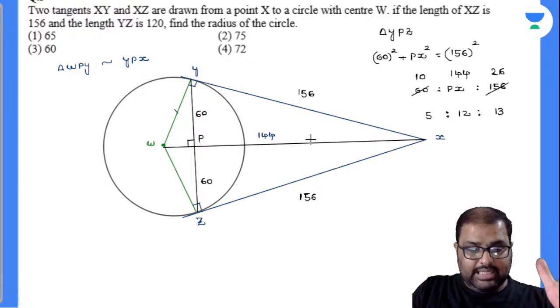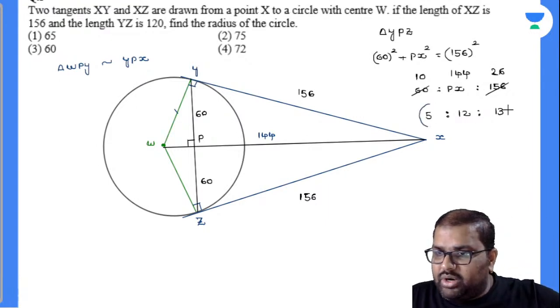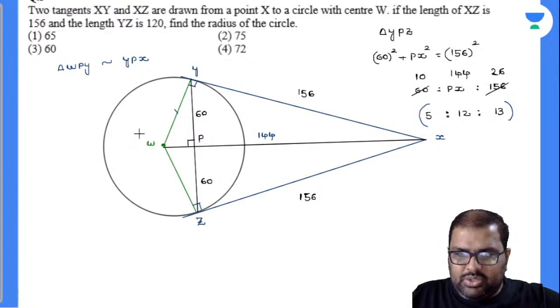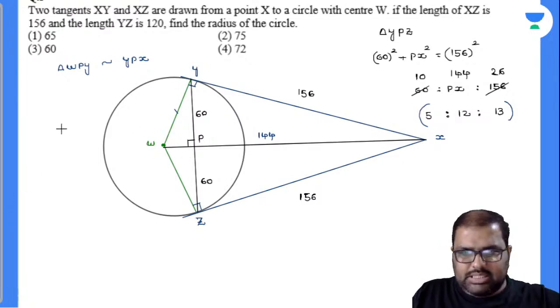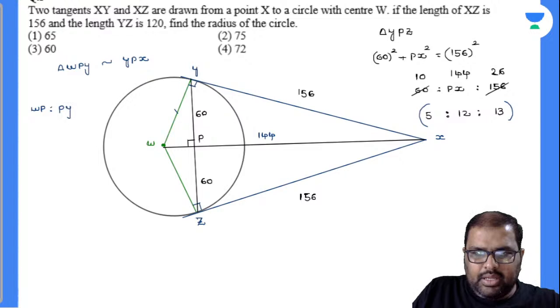So I can easily say they are similar triangles, with a ratio of 5 is to 12 is to 13. In WPY, WP is the smallest side, PY is the next side, and the largest side will be WY. These should be in the ratio of 5 is to 12 is to 13.